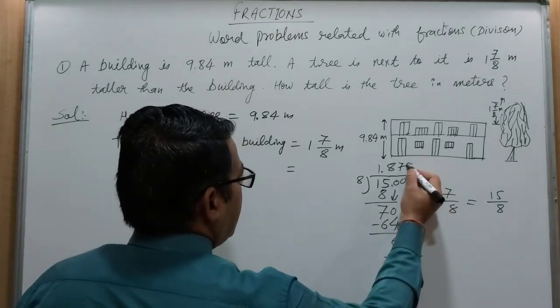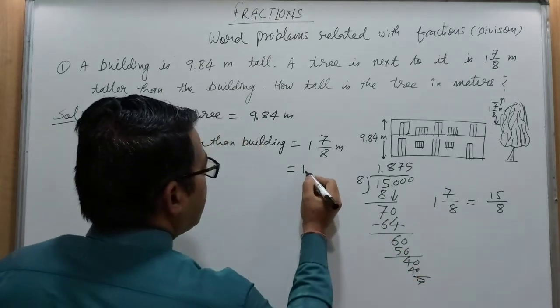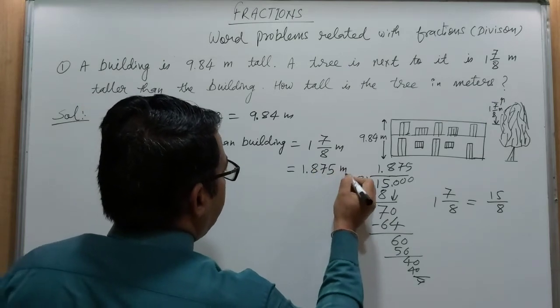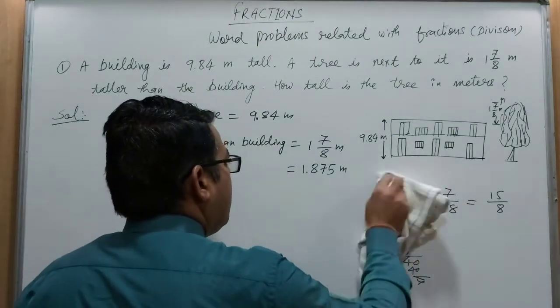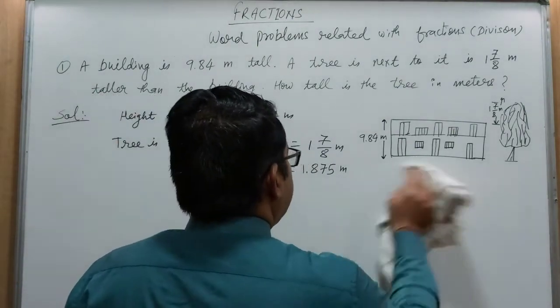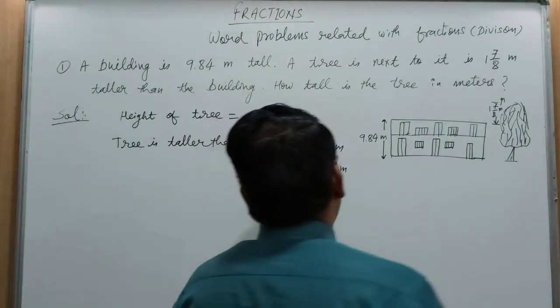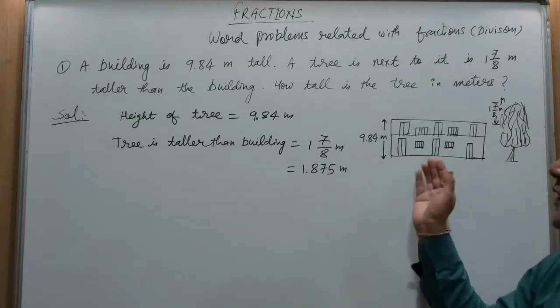Then 4 will come here, and we put one more 0 here. So what we have is 1.875 meters. After all this calculation, converting this mixed fraction into decimals, we have 1.875. It means this tree is 1.875 meters taller than this building.